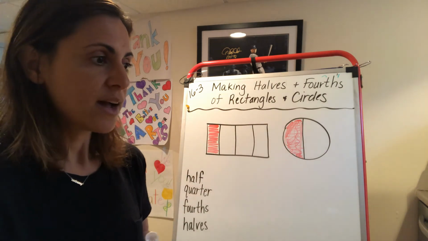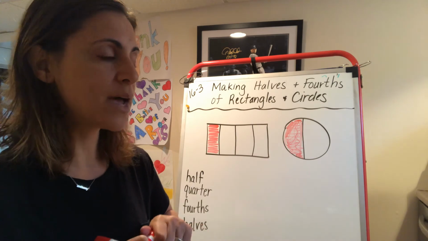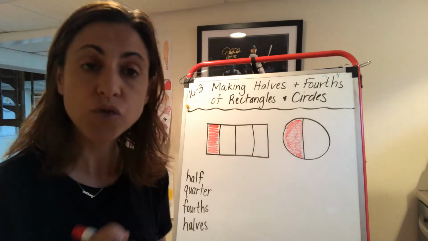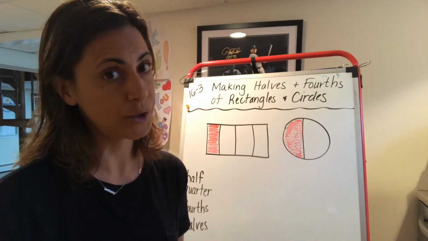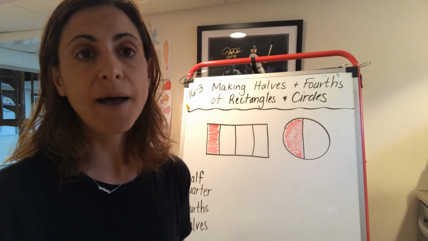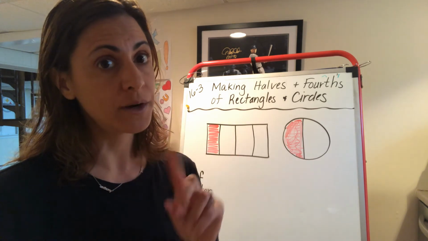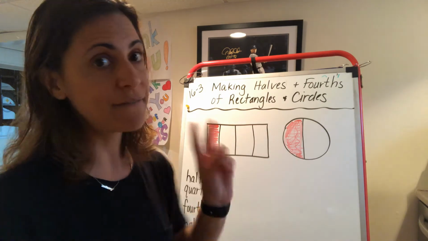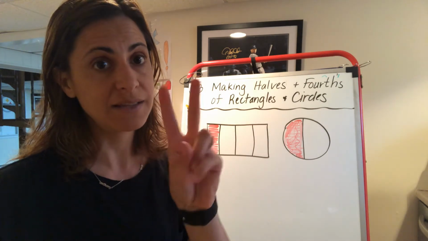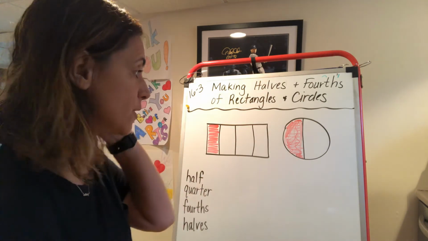Okay? Pretty simple. You're just becoming familiar with these new words, halves and quarters or fourths. You have to understand that a fourth is a quarter. That means 4 pieces. A half is 2 equal pieces, and 1 of the 2 pieces is colored.